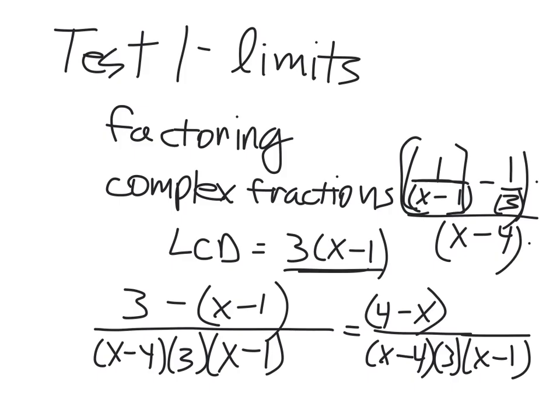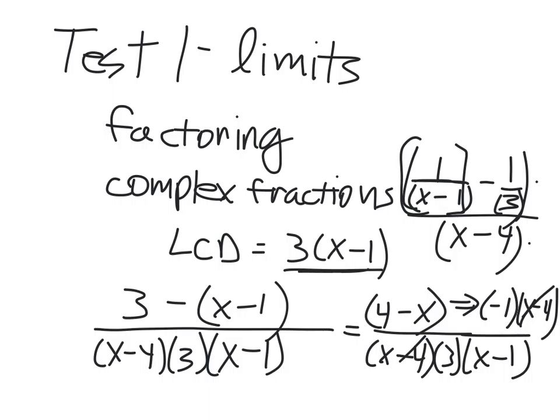Almost. 4 minus x, we would need to turn it around to negative 1 times x minus 4. And then finally our x minus 4s would cancel. And you plug in x equals 4 now and we get our limit value. So complex fractions, a little bit more work, lots of algebra. Any of these techniques, there's lots of algebra to do.